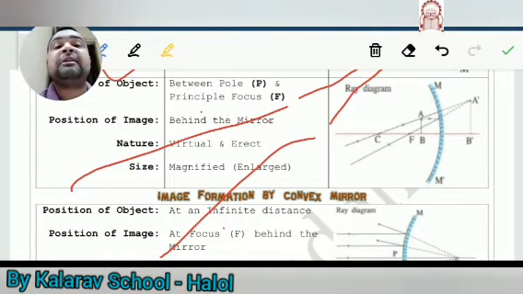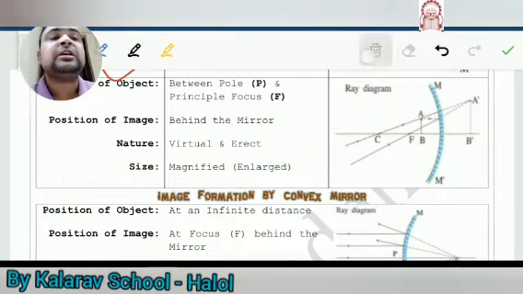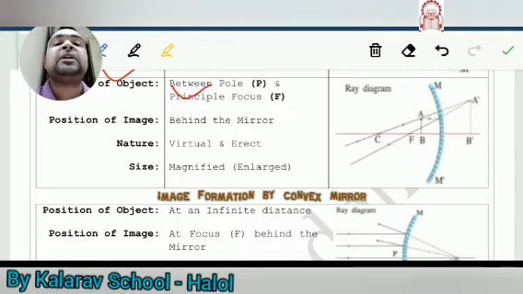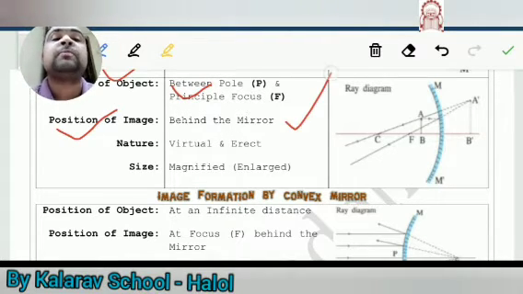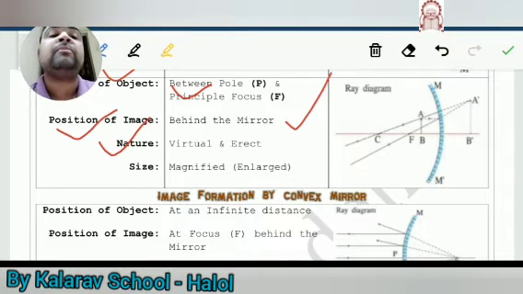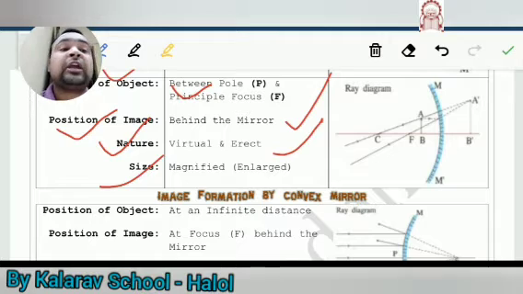So that's why we say the image will be formed behind the mirror, and that image will be virtual, and a virtual image is always erect. Clear? So if you place the object between the pole and principal focus, the position of the image is always behind the mirror, the nature is virtual and erect, and the size is magnified.